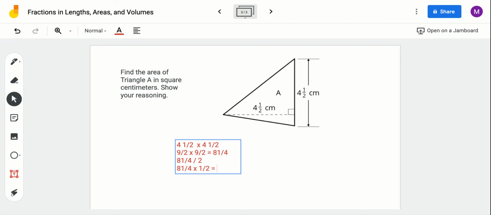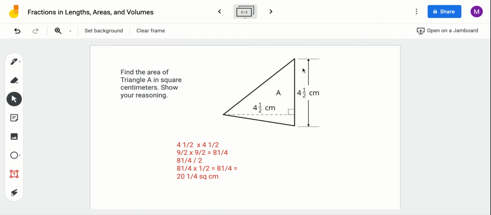And that equals 81 eighths, which equals 10 and 1/8 square centimeters.